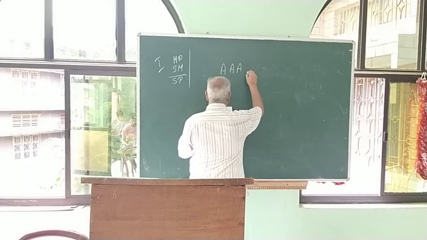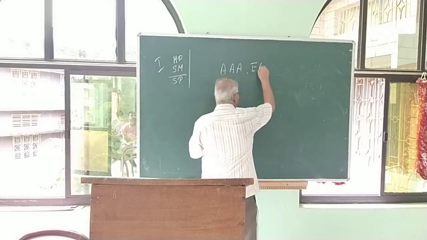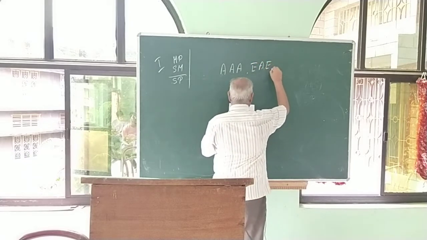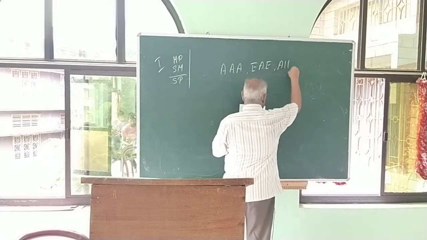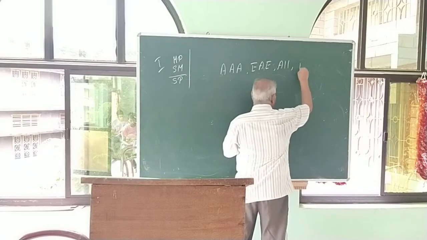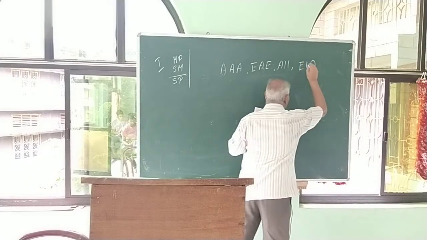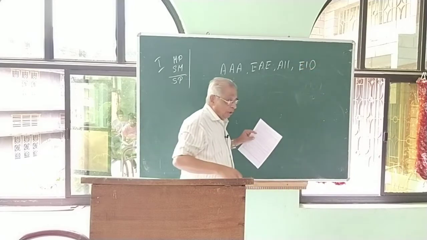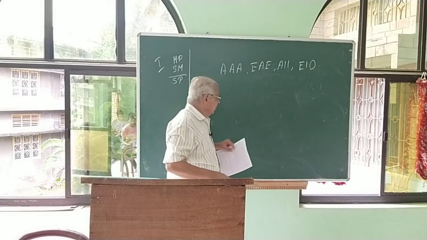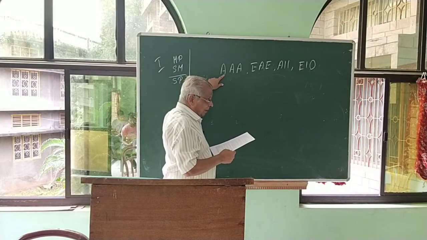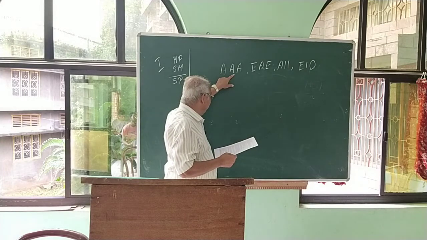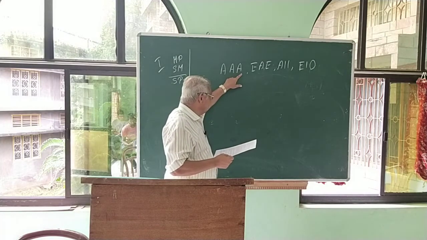They are A, A, A; E, A, E; A, I, I; E, I, O. Now what is the meaning of this? The first letter stands for the major premise, the second one for the minor premise, and the third one for the conclusion.